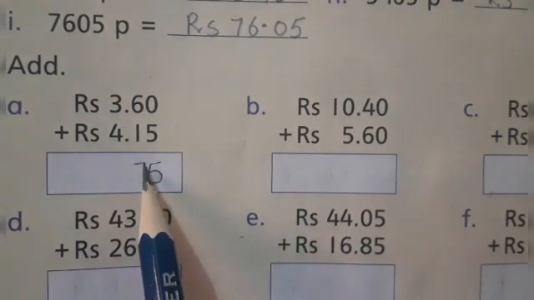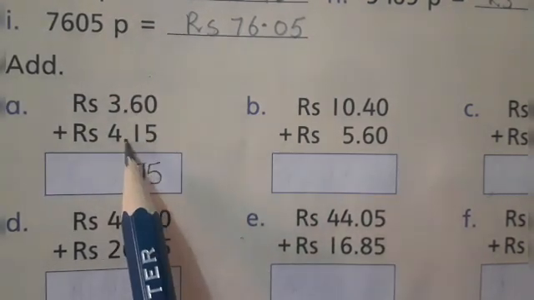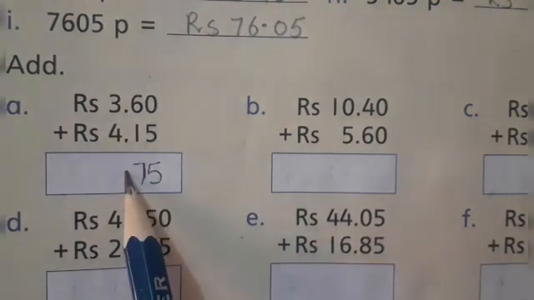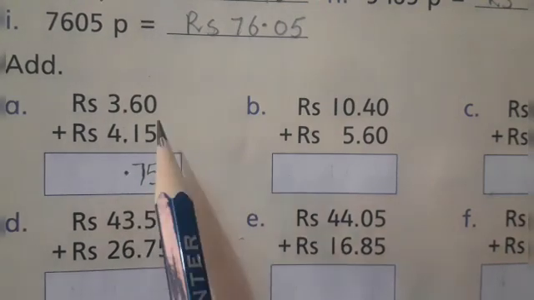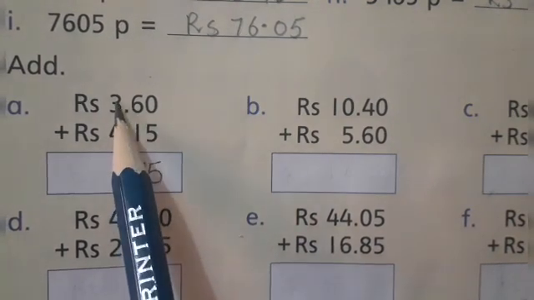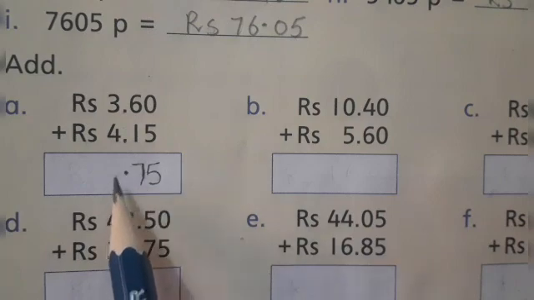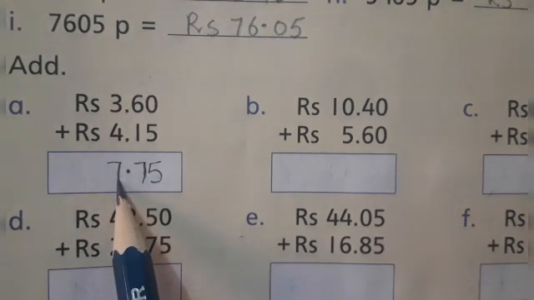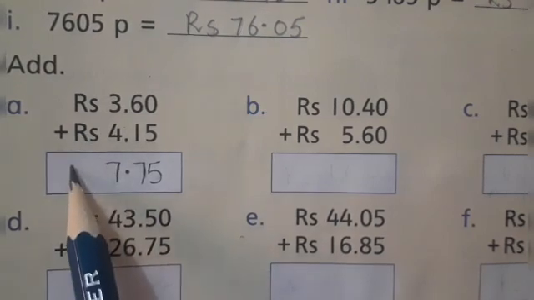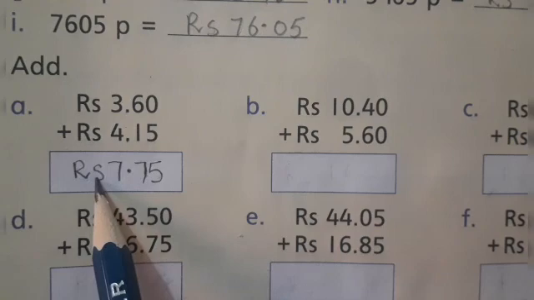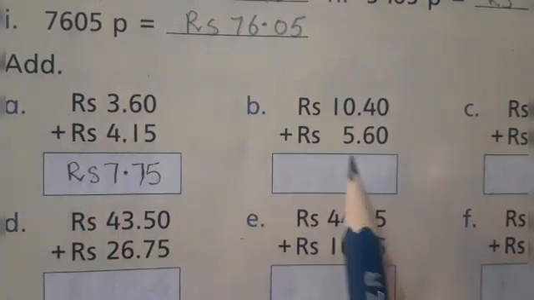And then students, as you know that there is a point after 7, so we will put a point here. And 4 and 3, count on your fingers, how many? Yes, 7. And students, don't forget to write rupees. Rs is the short form of rupees.